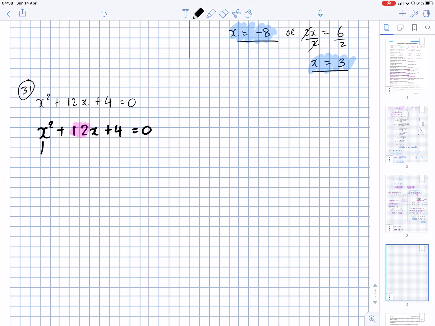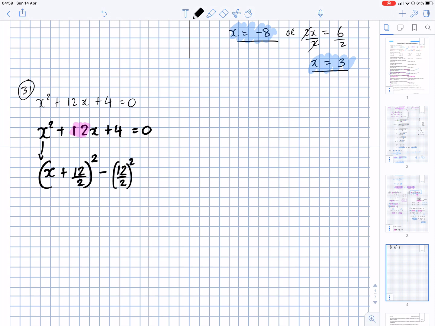So first of all, the x squared just becomes x plus the 12 you divide by 2, and you close brackets and you put squared, and then you subtract this 12 over 2 squared.